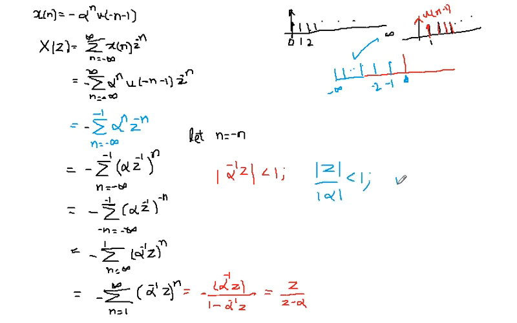This implies that magnitude of z is less than magnitude of alpha.